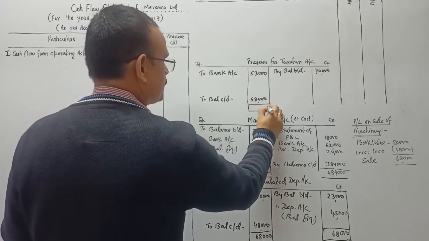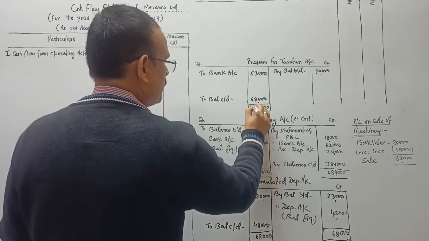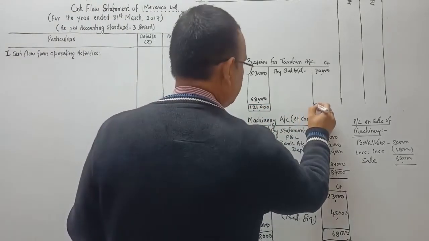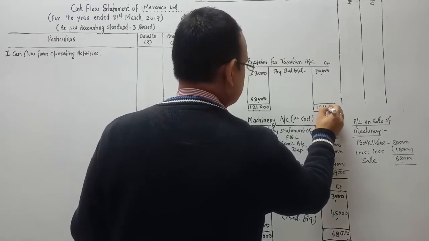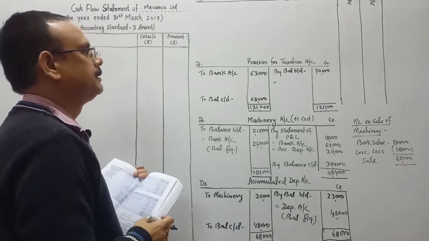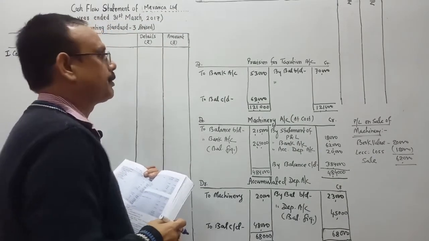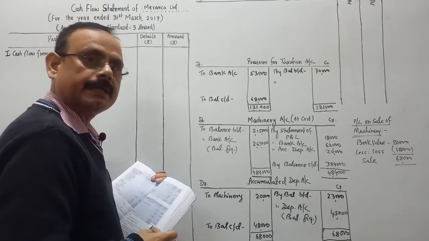The debit side total is more, it is 1,21,000. Write the same amount on the credit side, 1,21,000. The difference amount will indicate provision for tax made during the year.